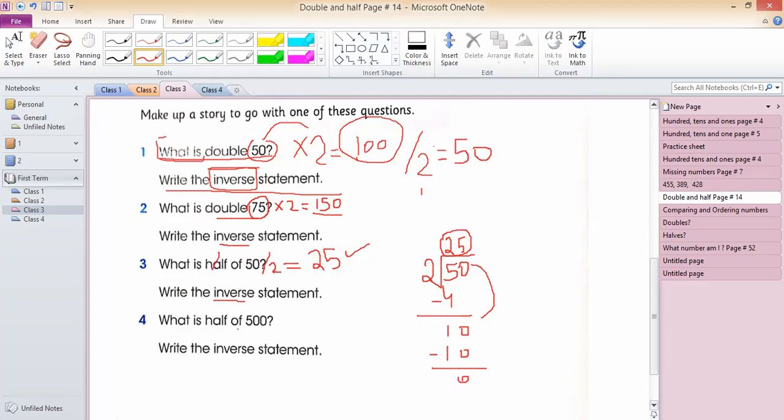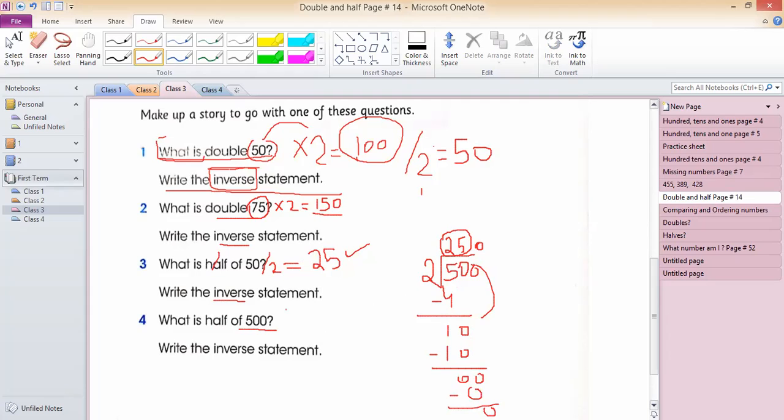In question number 4, you have to find out what is half of 500. So you divide 500 by 2. 2 fours, then 0, 2 fives are 10, then this 0 down. So 2 multiplied by 0 equals 0. 250 is the answer.